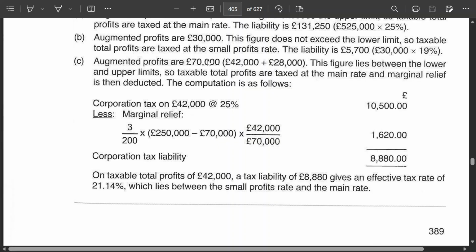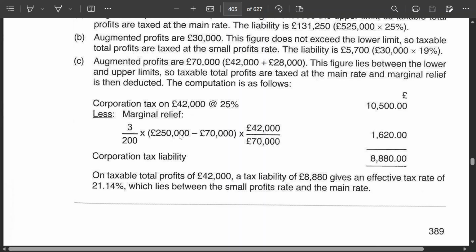Augmented profits is 70K here, times TTP by AP. All right, that's your marginal relief. First term of the corporation tax liability is TTP times 25%, which is here. The second term will be minus marginal relief, the whole marginal relief amount.